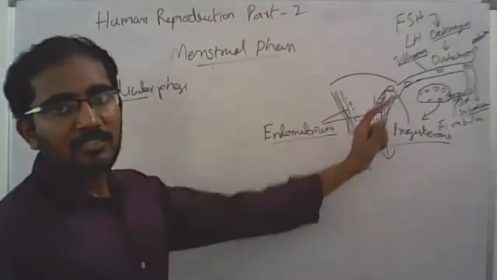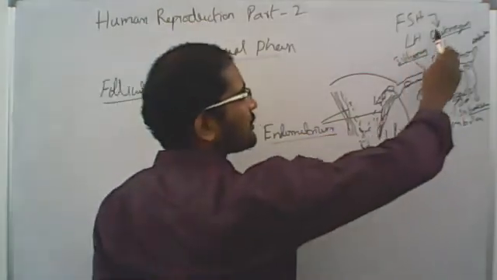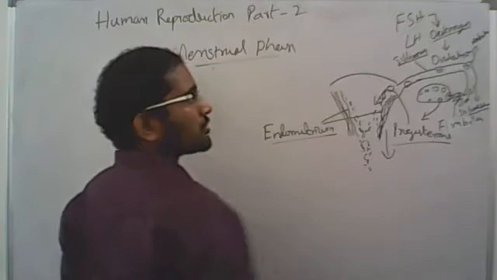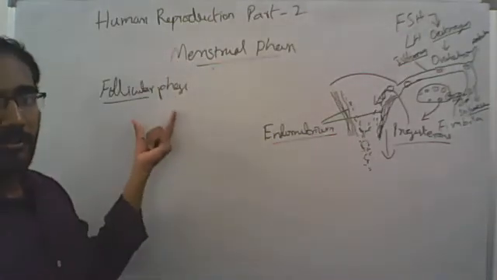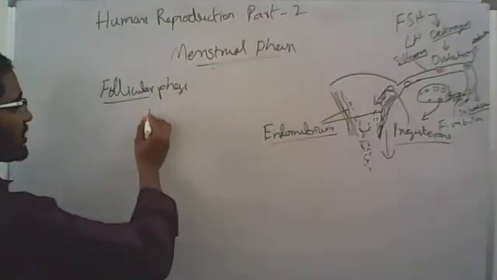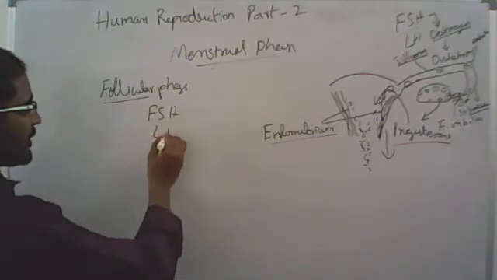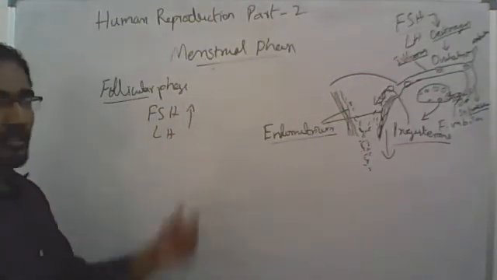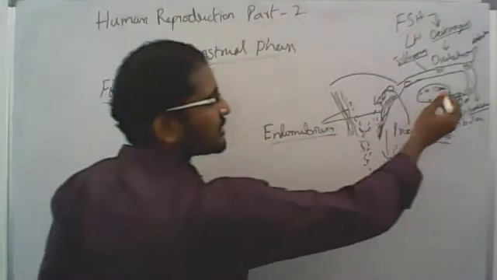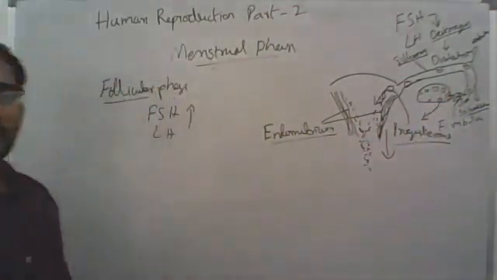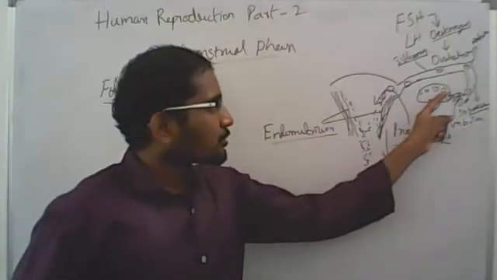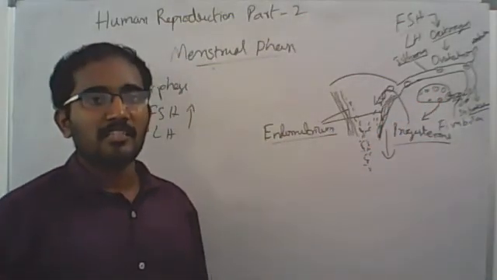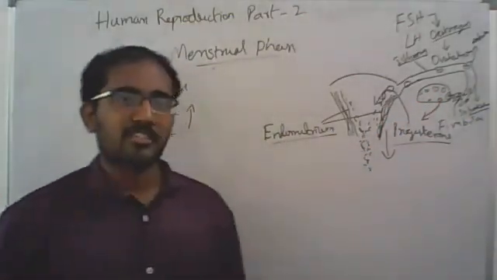This is triggered by the follicle stimulating hormone and the luteinizing hormone. So in the follicular phase, the FSH and LH levels will be higher, so there will be maturation of the follicles. They are converted to the graafian follicle stage up to the follicular phase.